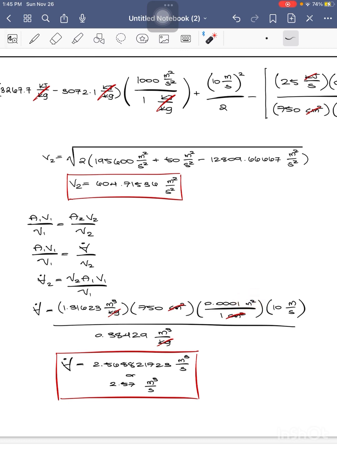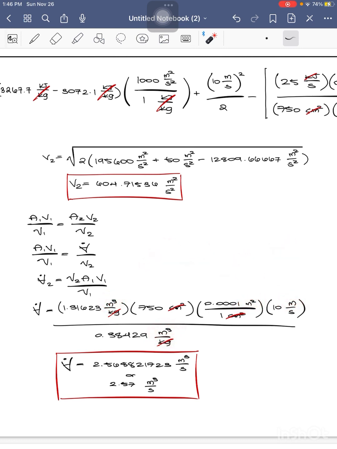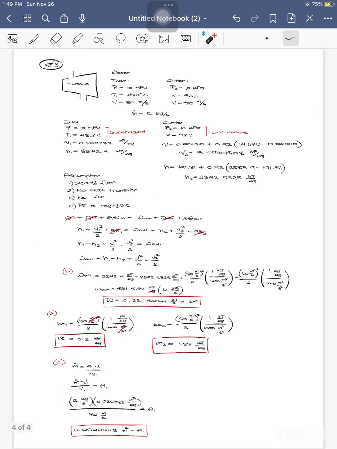Then I canceled out the kilogram, leaving m6 over s squared times 1 over m3, which is from the reciprocal of that equation. The answer is m cubed over s, which is 2.56882173 meter cube per second, or 2.57 meter cube per second.